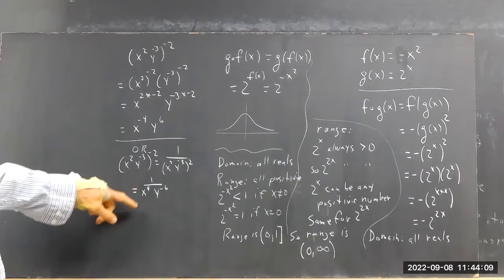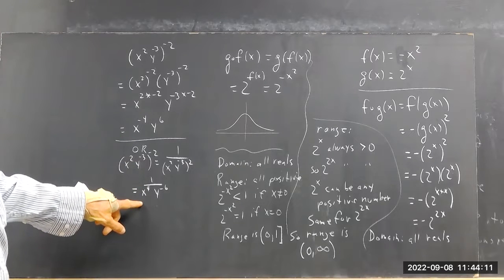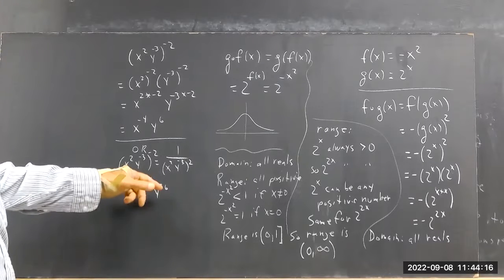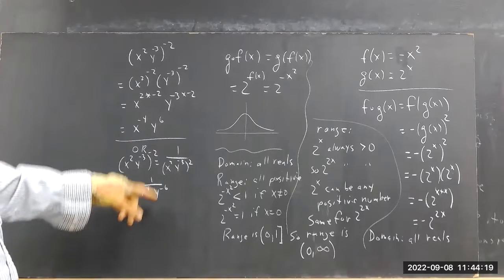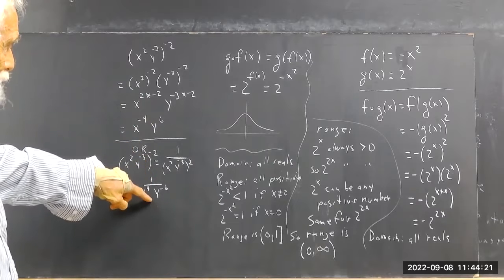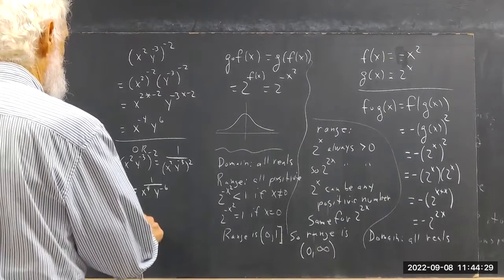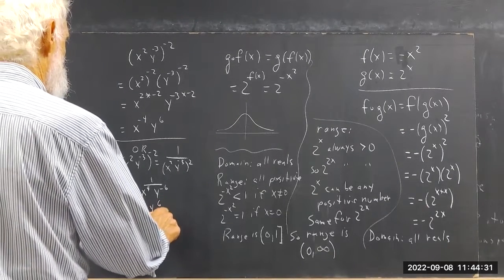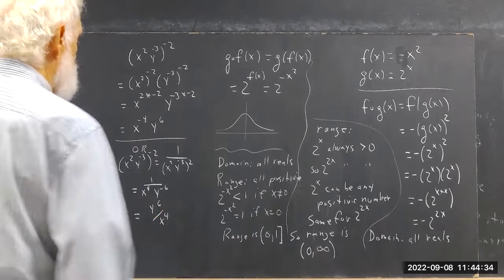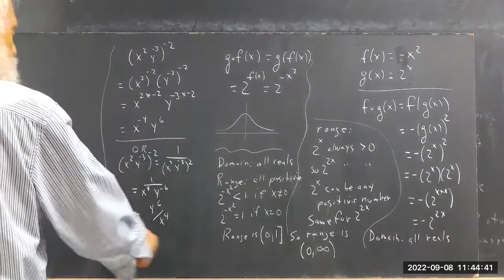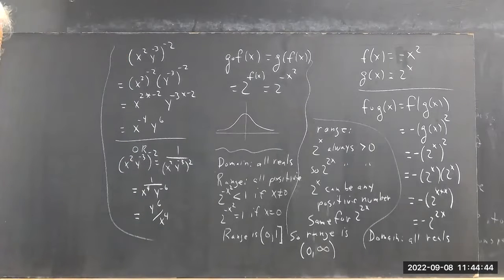Well, x to the negative 4 is 1 over x to the 4th, and y to the negative 6th is 1 over y to the 6th. If you do the complex fraction, that is the same as y to the 6th over x to the 4th. So there's some flexibility in how you simplify an expression of that nature.